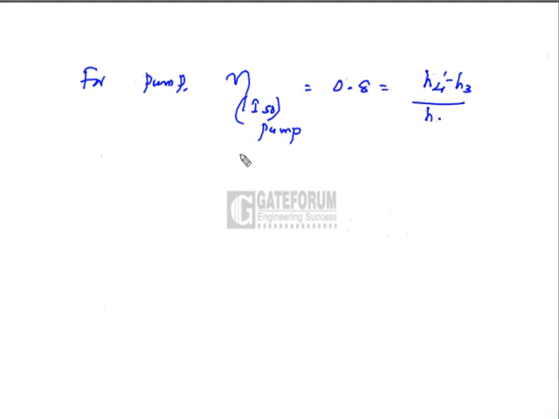Now, coming to the pump, isentropic efficiency of the pump is given as 0.8 in the problem, which is defined as H4 dash minus H3 divided by H4 minus H3.